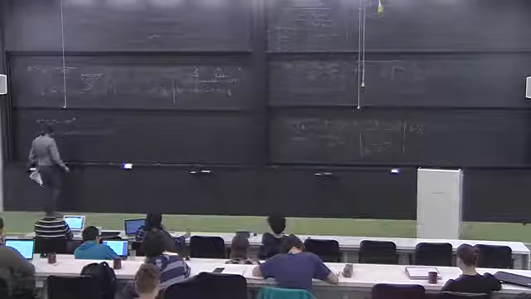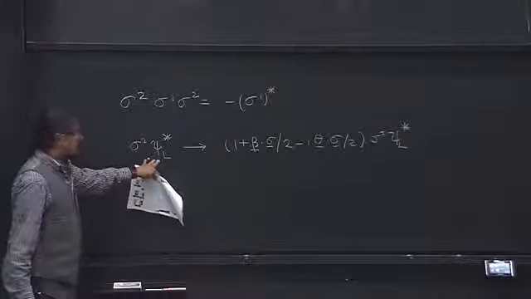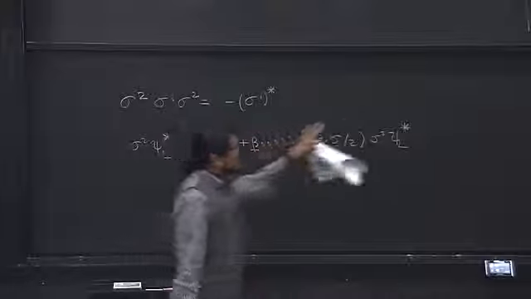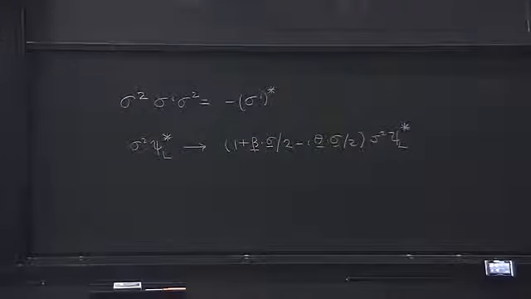So in other words, sigma 2 psi L star is a right-handed spinor, right?